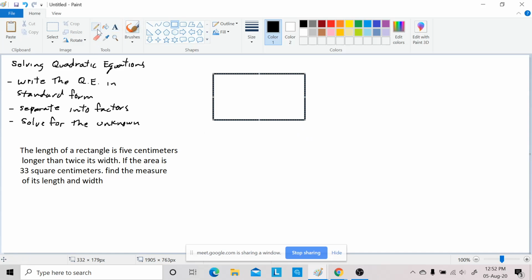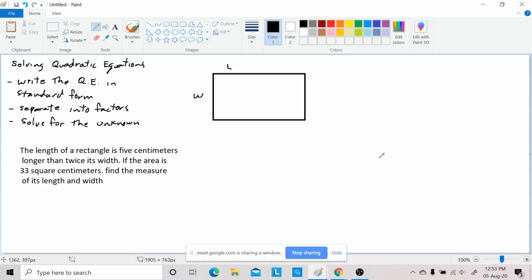So now that we have a rectangle, we can start labeling it with the different information found in the problem. We have the sides of a rectangle. Usually we call them the length and the width. This is labeled L because it's the length, the longer side, while this one is the width, the shorter side.